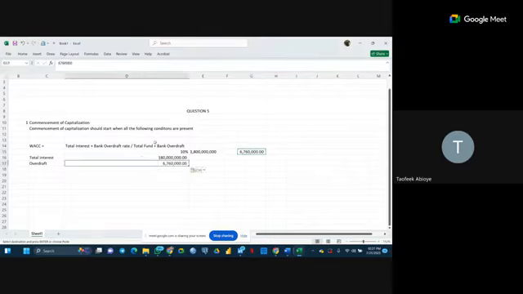Then we have the Tutor fund. We have the Tutor fund.